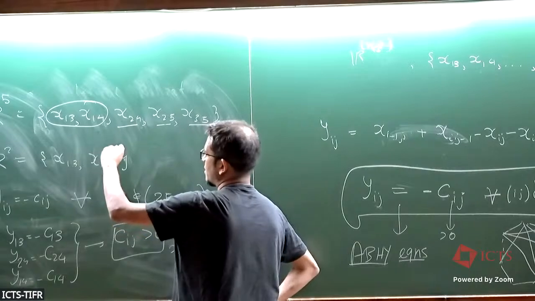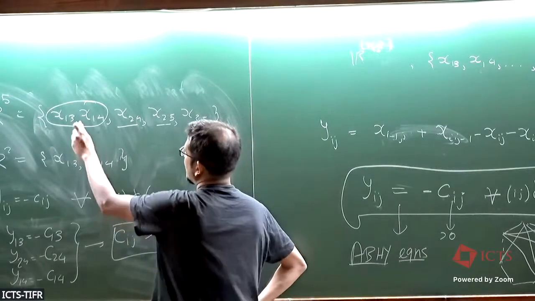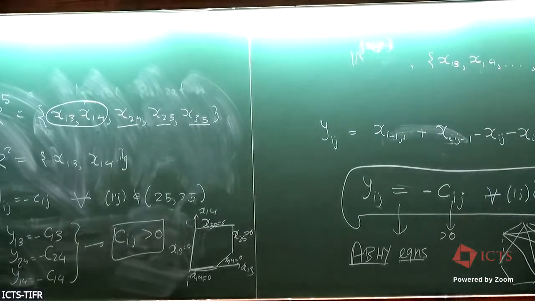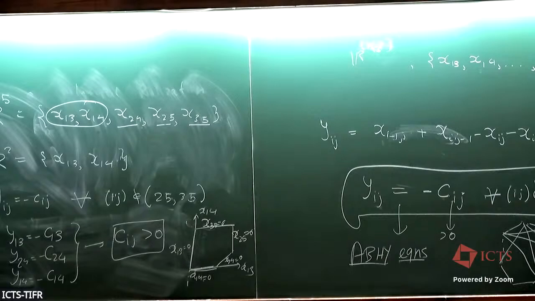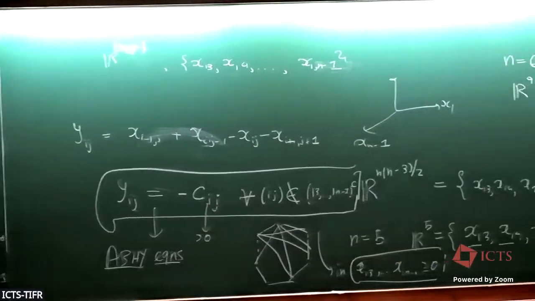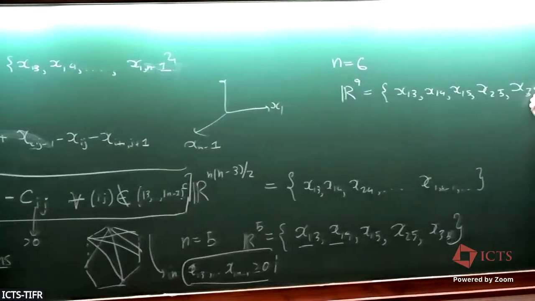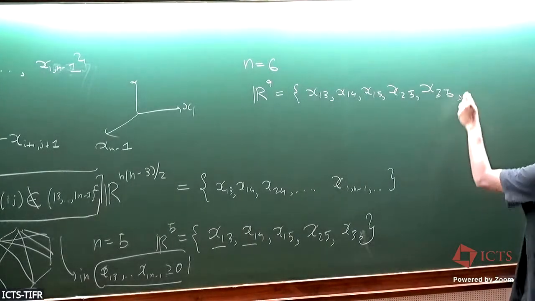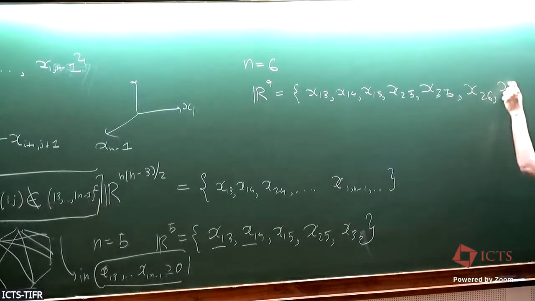So the Shruti basis that she asked about was not that. Just to complete this analysis, for n equal to 6, the full space of all chords is 9-dimensional: x13, x14, x15, x25, x35, and then there should be x26, x36, and x46.